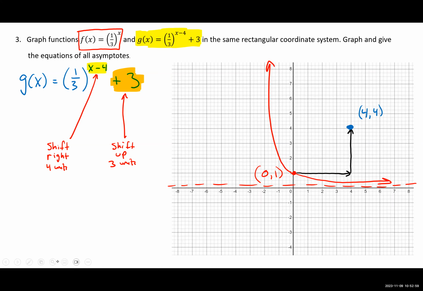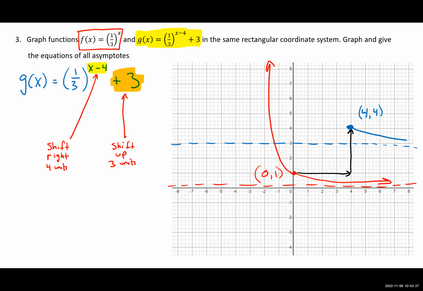Since we went up, the asymptote has to move up. Right, so the asymptote is moving up 3 units. So instead of being at 0, let me go back to blue, instead of being at 0, it's up here at 3. And the rest of the graph follows.